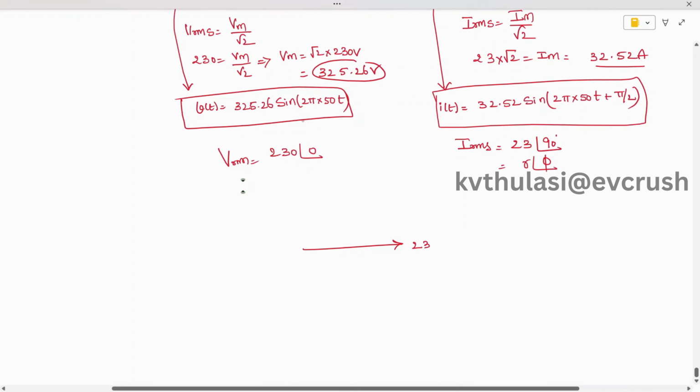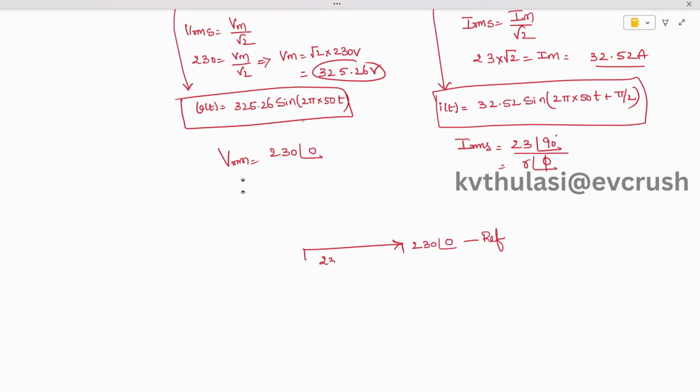The magnitude of the voltage is 230 volts, and whenever the current is rotating in the counterclockwise direction, you get plus 90. So the angle made is plus 90 degrees, and the magnitude of the current is 23 ampere. Therefore this is 23 at an angle of 90 degrees, and this is V at an angle 0.